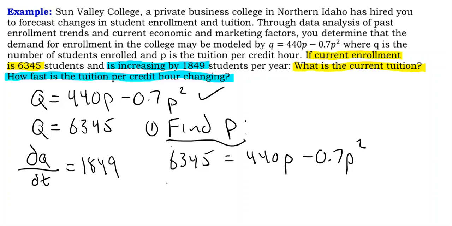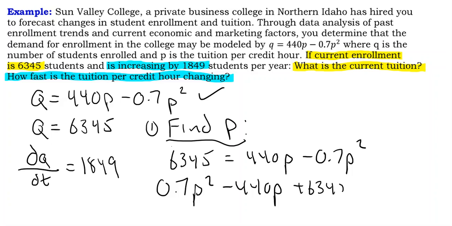So putting it in standard form for a quadratic function, which is set equal to 0, whoops, forgot my constant, so I'm putting all this stuff over to the left, so it would be plus 6345 equals 0.